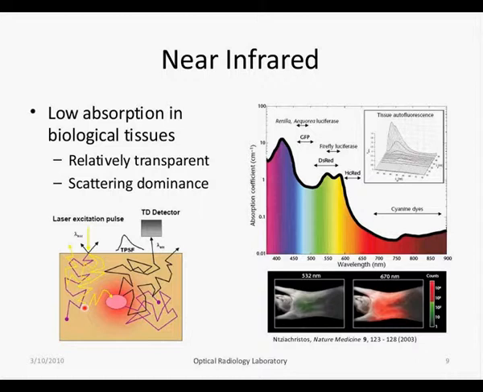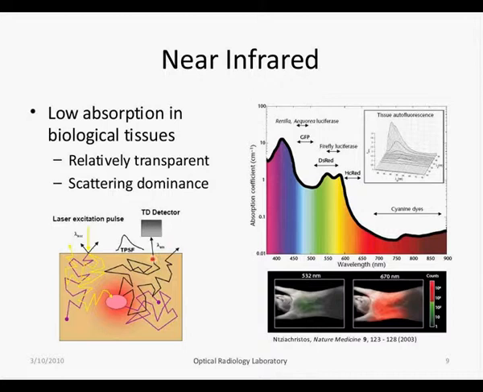That is because the hemoglobin peaks around the 500 to 600 range, and the visible wavelengths have more absorption. So the signal that is emitted is much lower when you're using visible wavelengths versus the near-infrared. But still, the imaging is dominated by scattering.